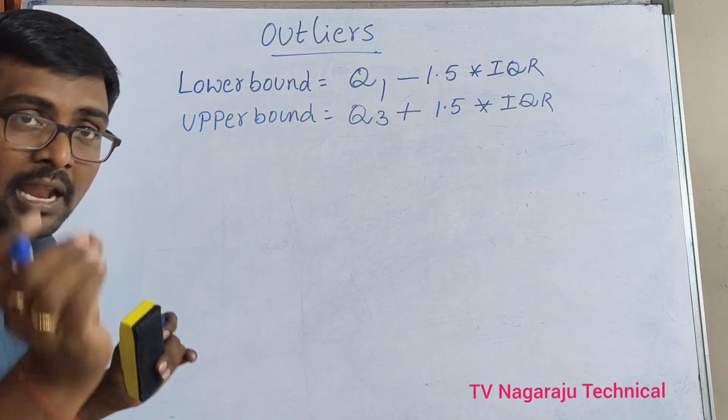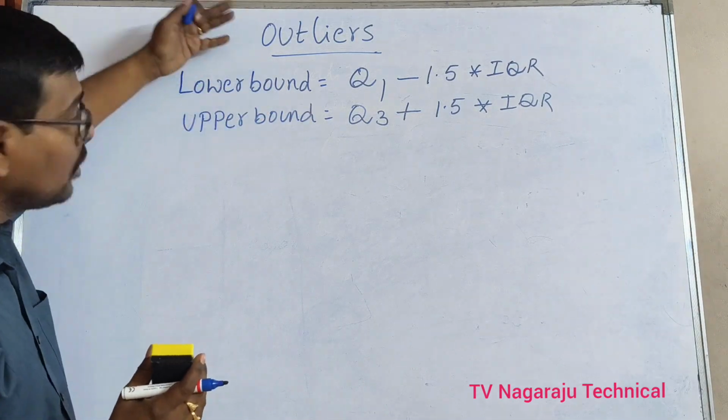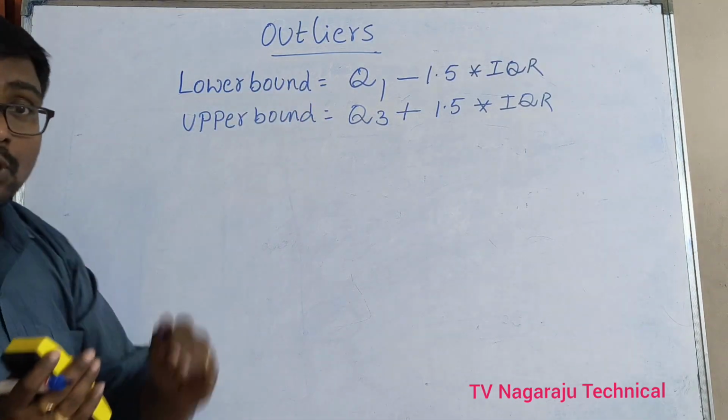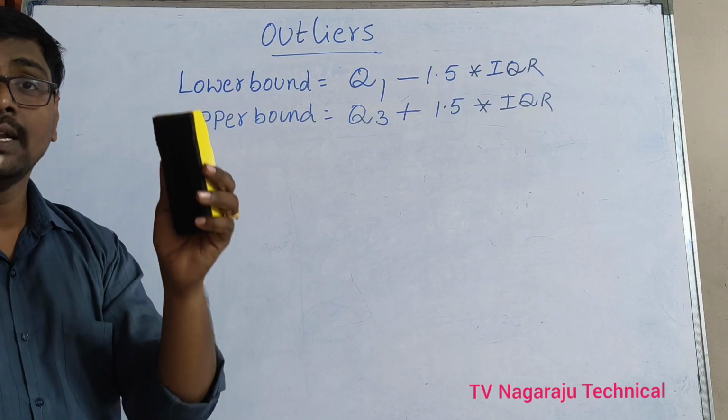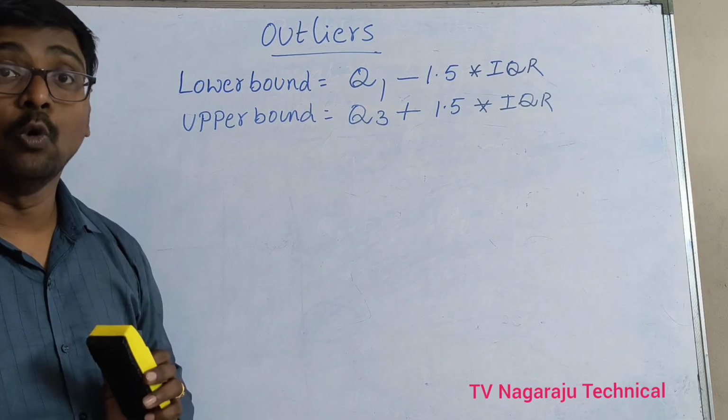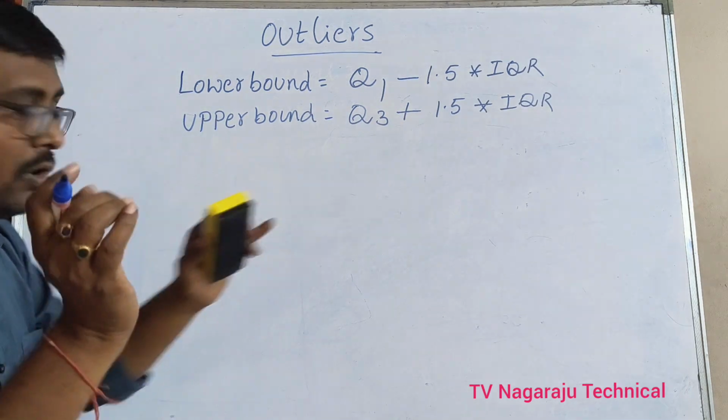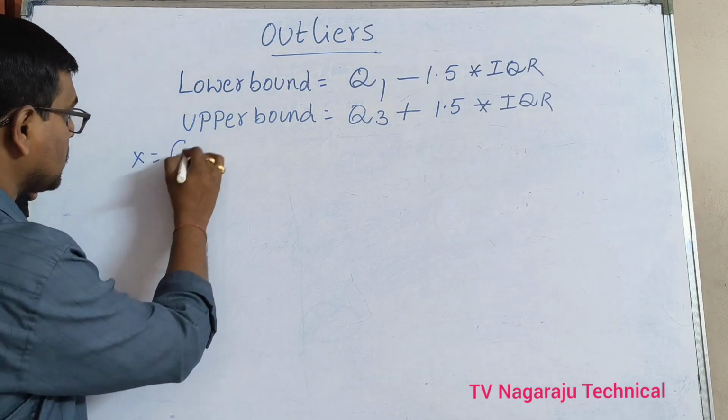If any value falls below the lower bound or above the upper bound, such points are considered as outliers. For understanding, we will take one example data set.